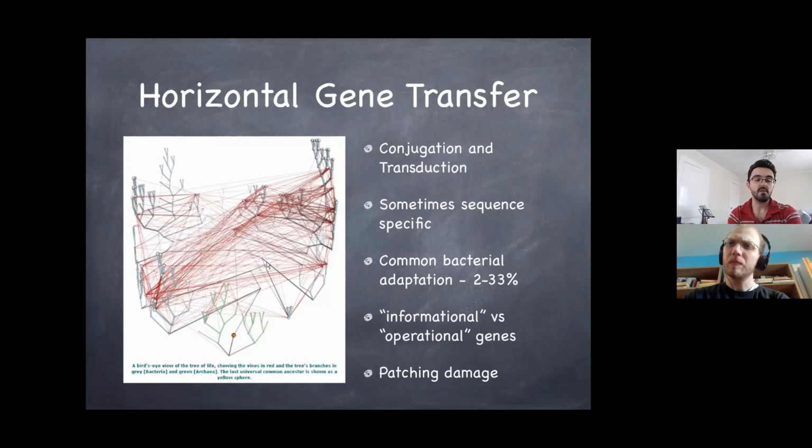And of course, as we've noticed, stress and DNA damage are actually stimuli towards increase in this competence. It enhances this phenomenon in bacteria. So what does this mean?